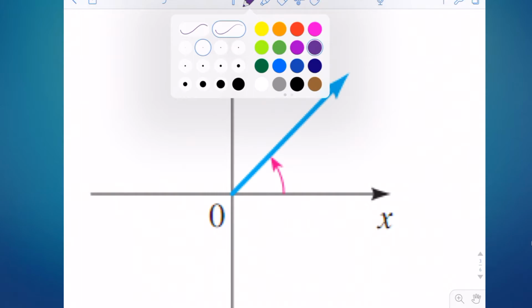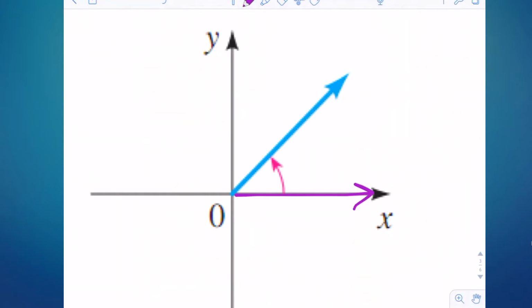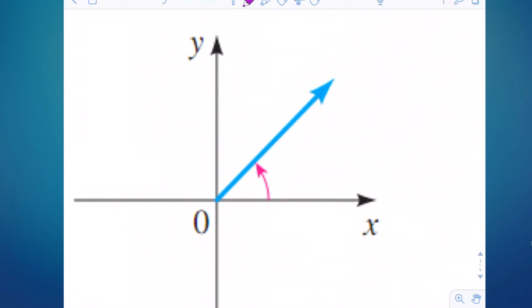Why is it okay not to show the initial ray? Yeah, we'll assume everybody knows where the positive x-axis is, and the x-axis is already drawn. So you don't need to draw it again. You don't even need to draw the arrow on the arc, because the direction is implied, because you're always starting on the positive x-axis. If you want to draw the arrow, that's fine.